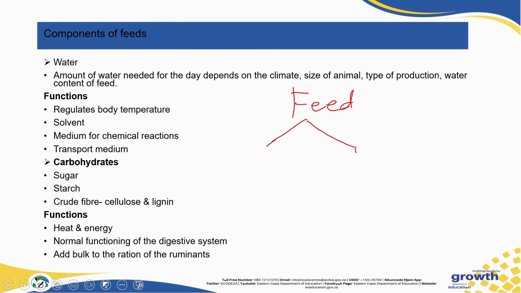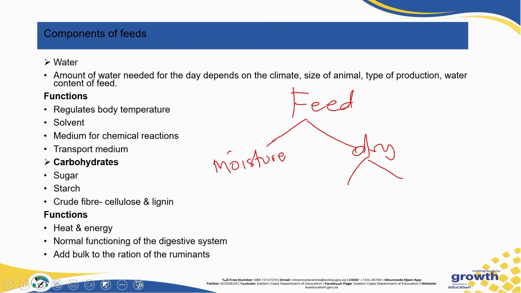It has got the dry part and it has got a moist part. Let's say this has got a moisture part, the part of the feed that has got water, and this one has got a dry part. This is an illustration of components of a feed.